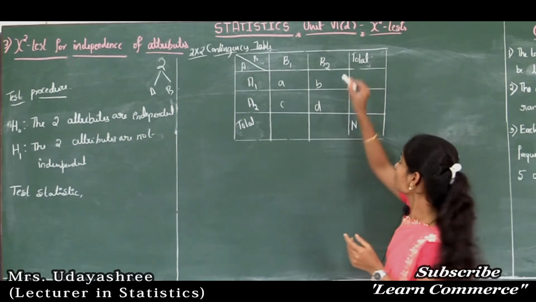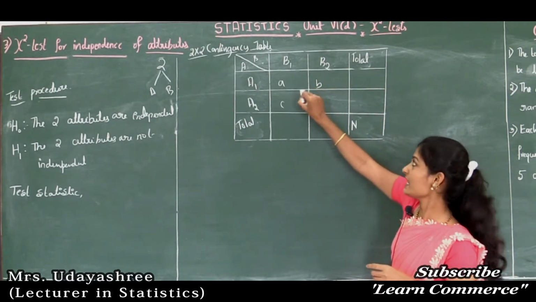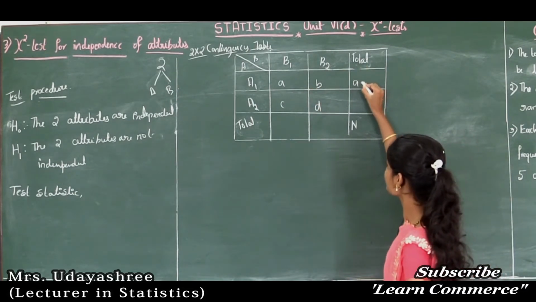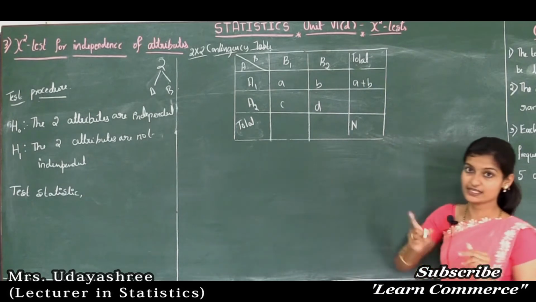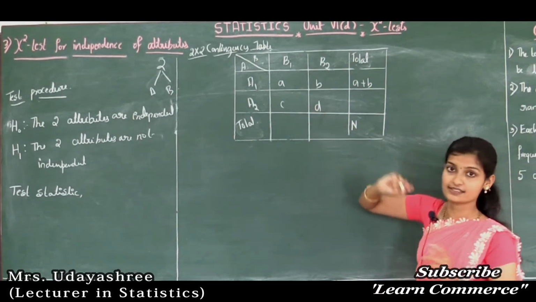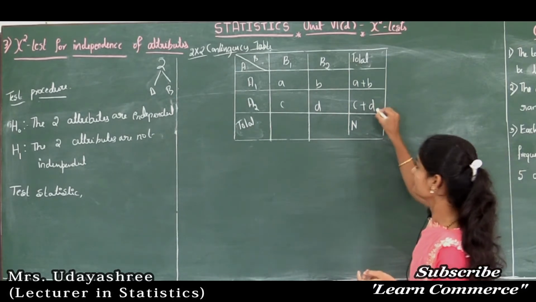Next, how to write the totals? First total: here the frequencies are a and b, so the total is a plus b. Next, here c and d are there, and the total is c plus d.